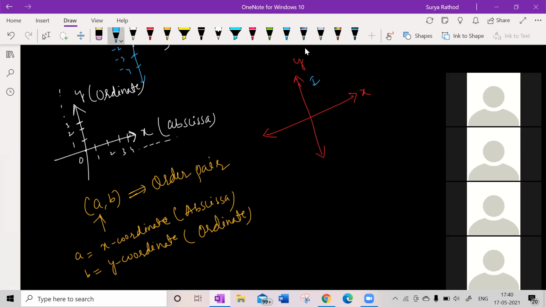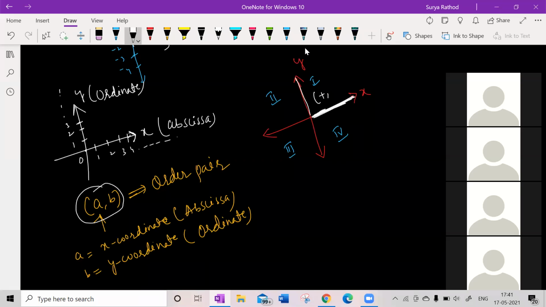This is my first quadrant, second quadrant, third quadrant, fourth quadrant. For writing ordered pairs, I must write the x coordinate first. On this line, all elements will be positive.